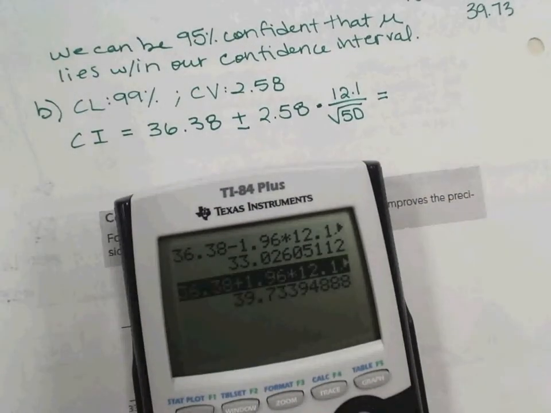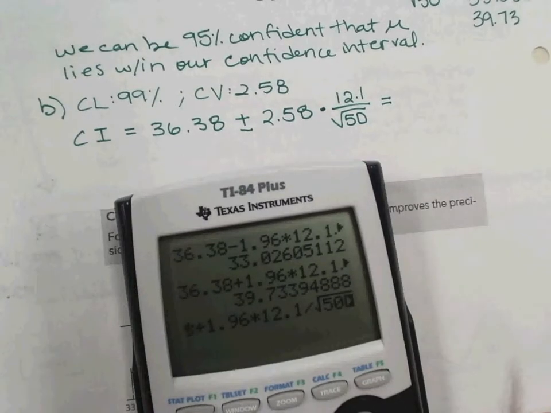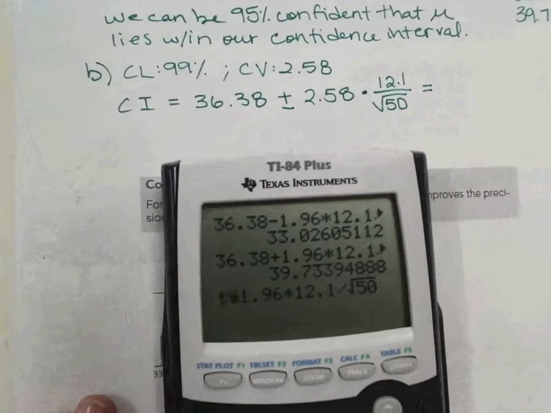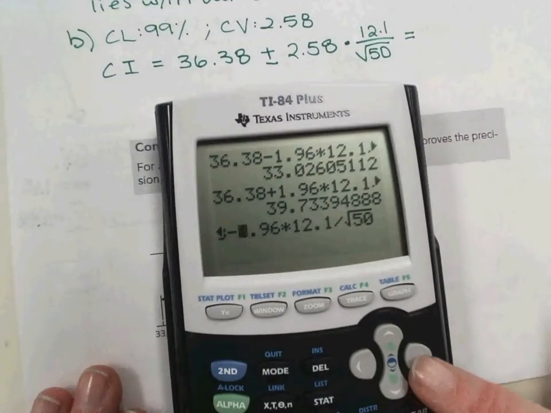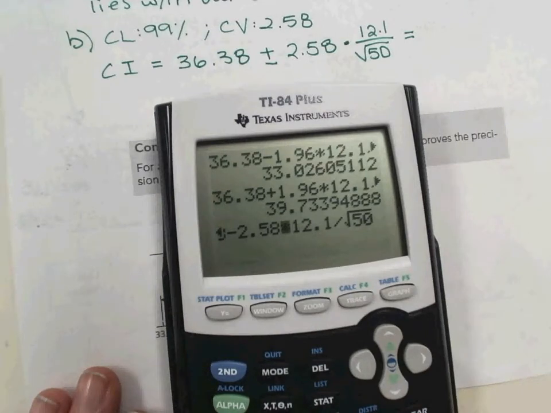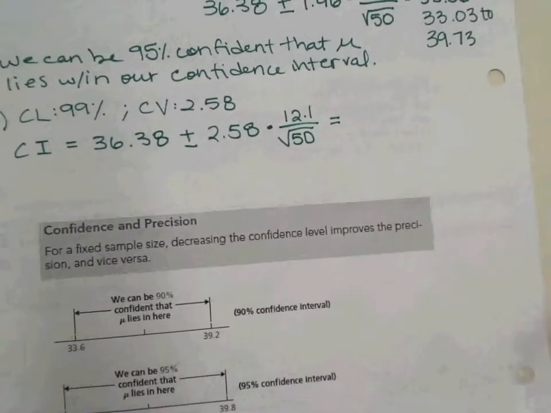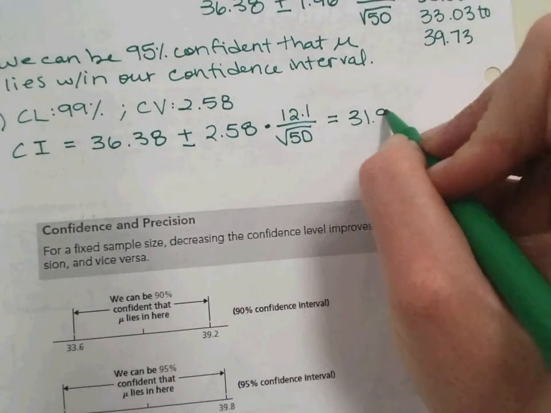The nice thing is we've already got this entered in our calculator. We can go up, press enter, scroll over. I want to change the plus to a minus sign and change the 1.96 to a 2.58. So 31.97.